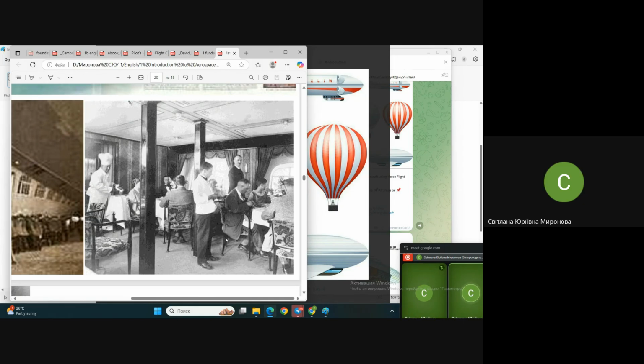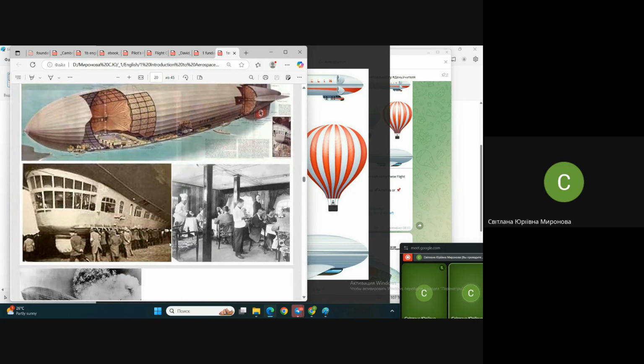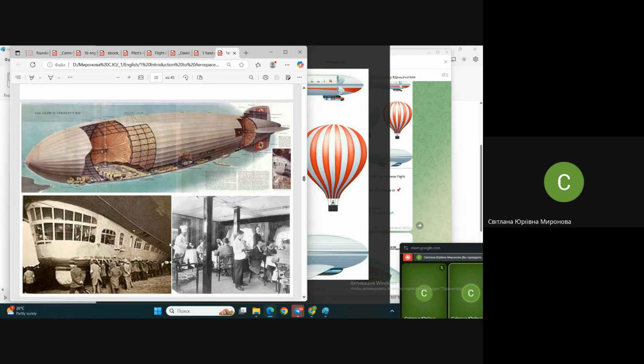And moreover, on board of this Hindenburg and other dirigibles of these types, so-called Zeppelins, by the name of the owner of the company, they have bedrooms, they have restaurants, they have resting rooms, whatever they have, maybe besides a swimming pool, I mean, for passengers.